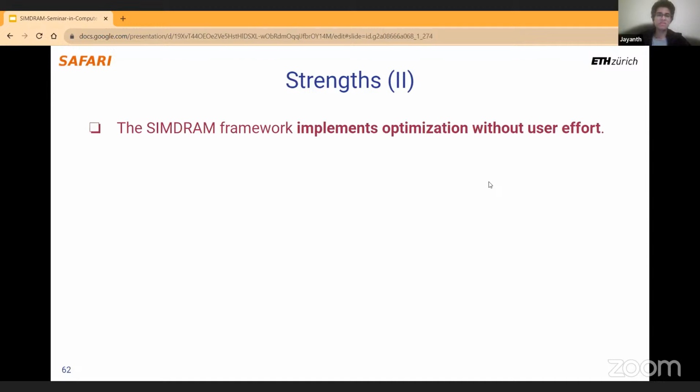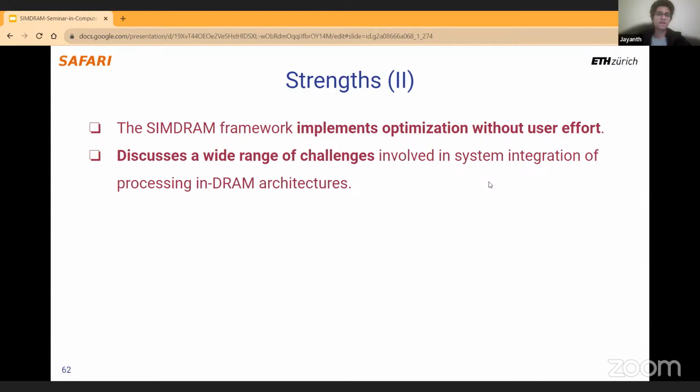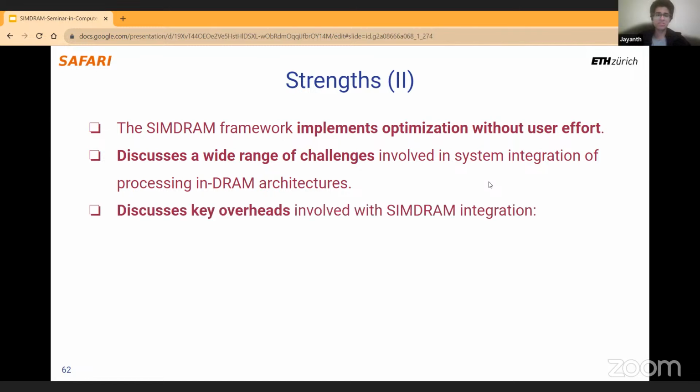Coming to a few more strengths, the SIMDRAM framework also implements optimization without programmer intervention. And the paper elaborately discusses a wide range of challenges that will be encountered in system integration of SIMDRAM, or even for in-DRAM processing architectures in general.